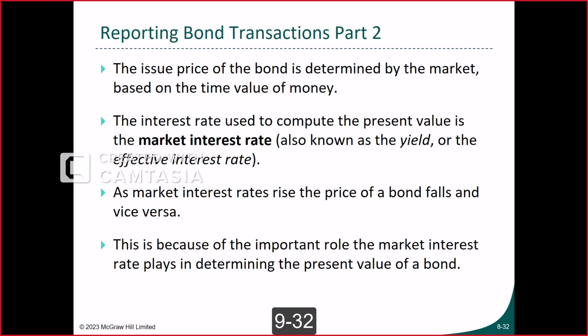I disregard the legal form, and I make my accounting based on the economic substance, which means the market. And we're going to see how to make the reconciliation between these two realities, because the coupon rate is another reality, because the investors are going to collect the amount of interest based on the coupon rate, not based on the effective interest rate.